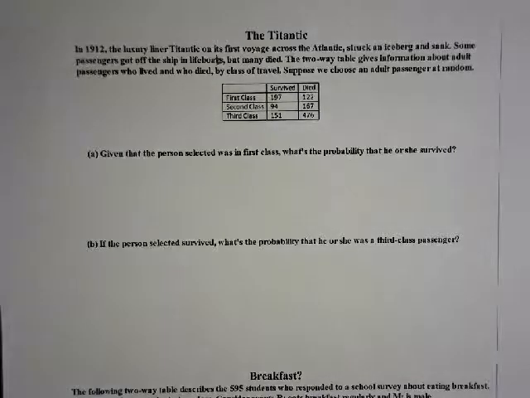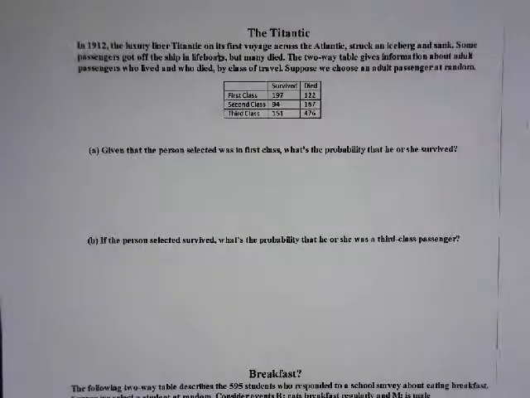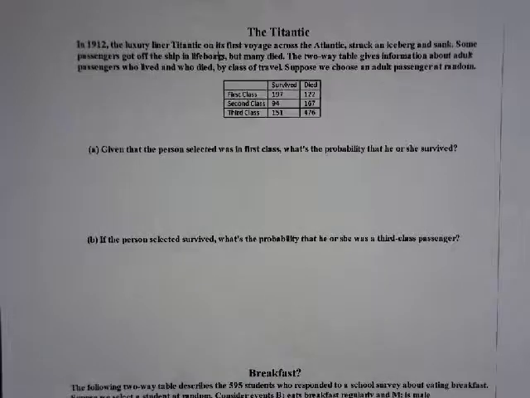Suppose we choose an adult passenger at random. We're going to answer A and B. So A, given that the person selected was in first class, what's the probability that he survived? And then B says if the person survived, what's the probability she was a first class passenger?